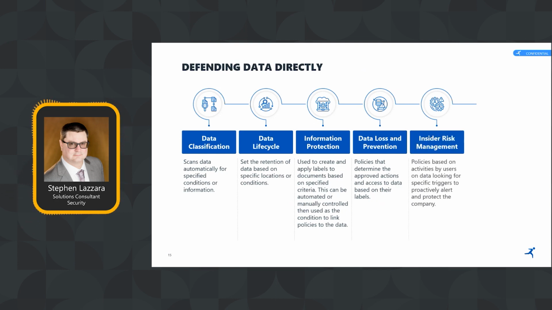In turn, you can develop insider risk management within the Purview environment, and that insider risk management sets up actual triggers so that you have an automated response to when people do things, and it becomes a proactive data protection policy.